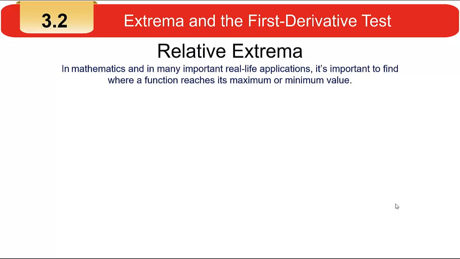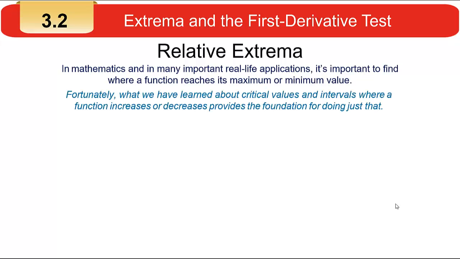What's the maximum profit that a business can expect to make from producing a certain number of items? What's the minimum energy required to get some job done? It's a very common thing to need to know how to do. And fortunately, what we've learned about critical values and intervals and building this increasing, decreasing chart from the previous section is actually the foundation for doing just that.